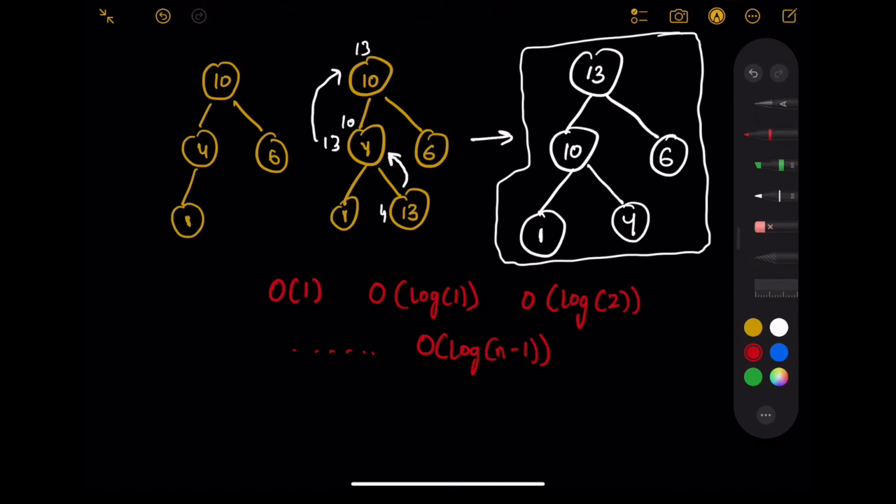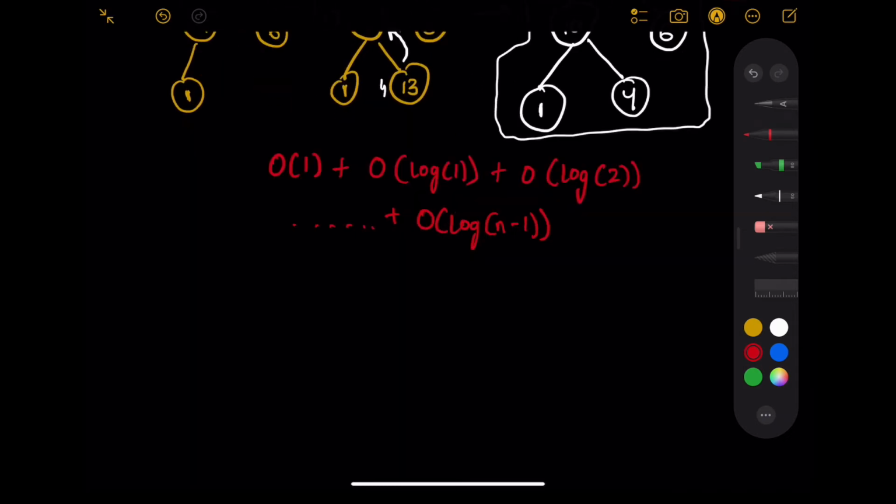Now what would be the total time complexity of making a heap? It would be just the sum of all these time complexities. Now let's try to come up with an upper bound for this series. The sum of this series will definitely be less than log n plus log n, n times, right?